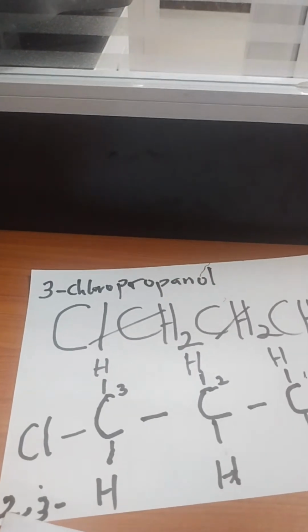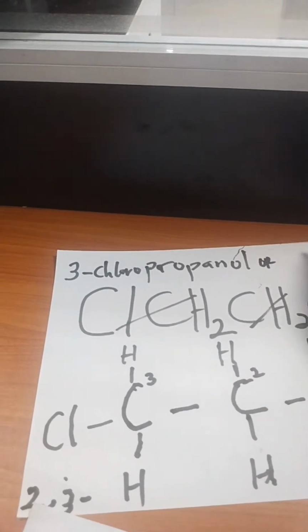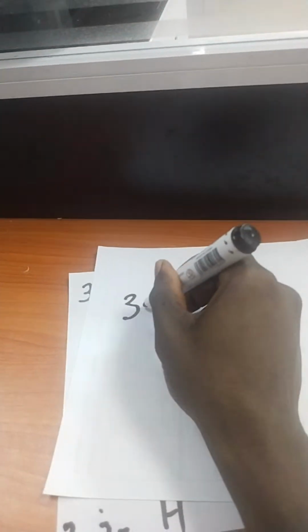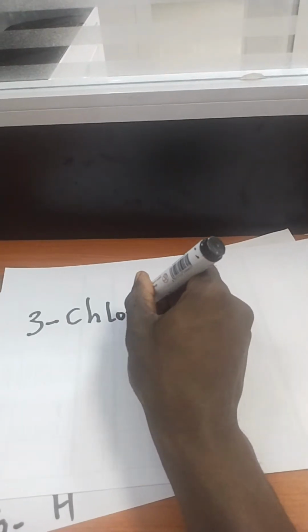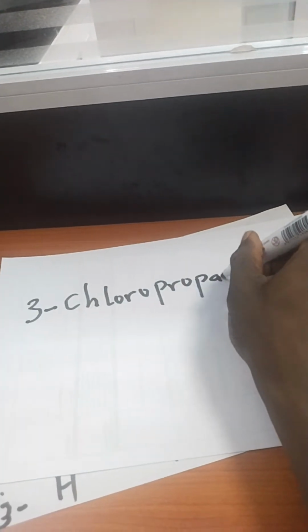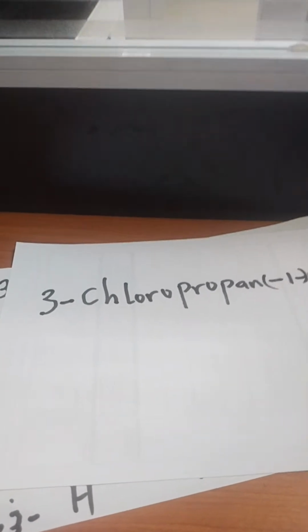As IUPAC name, 3 chloropropanol, or you say it is 3 chloropropan 1 ol. And in most cases, they like putting this in bracket to separate, but you can leave it that way. Okay. 3 chloropropan 1 ol.